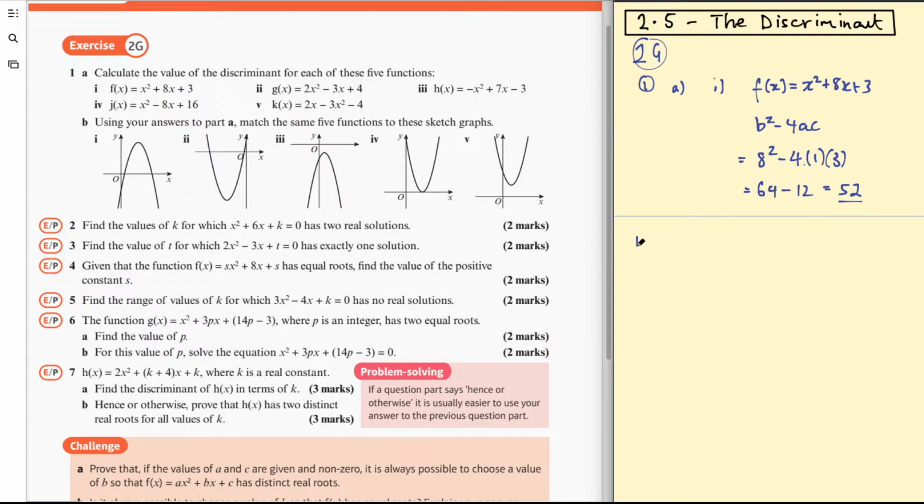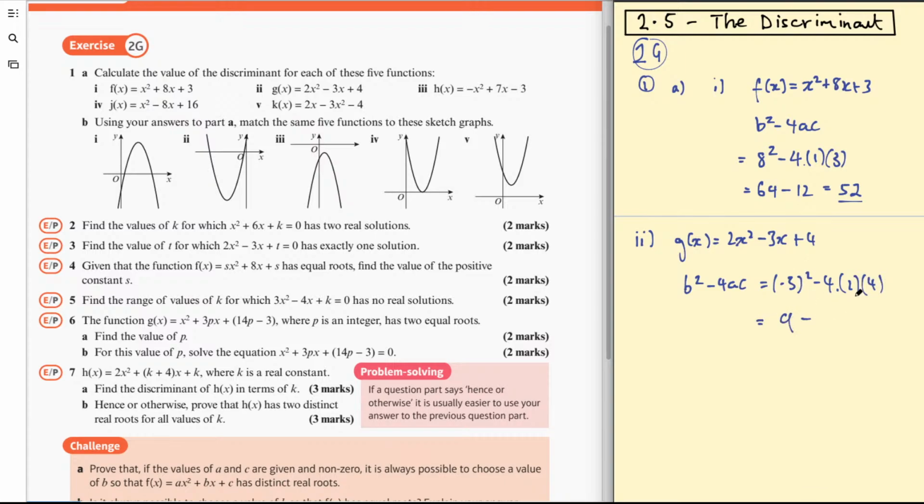Let's just do one more. So part 2, g of x equals 2x squared, take 3x plus 4. Remember the discriminant is b squared take 4ac. I always suggest to write the thing in so it helps you to remember it. This is equal to b squared, negative 3 squared, take 4 times 2 times 4.